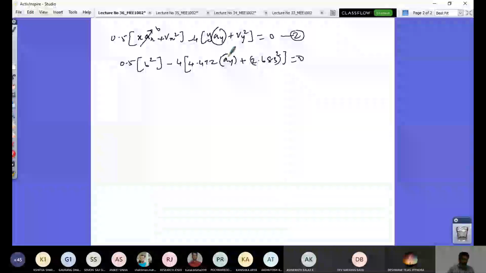This solves for Ay, which equals minus 0.603 meters per second squared. So the acceleration vector is minus 0.603 j.